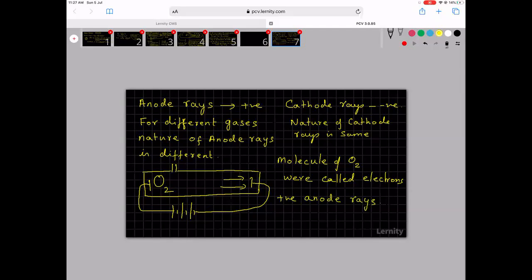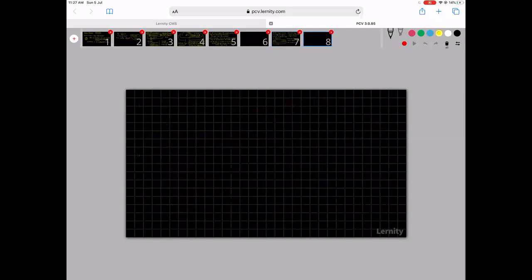So by doing these experiments, Thomson was able to show that an atom consists of a positive substrate. Okay, this was the first model of an atom. This is what is called the plum pudding model.